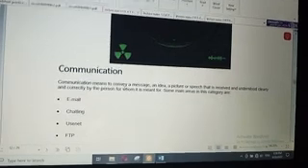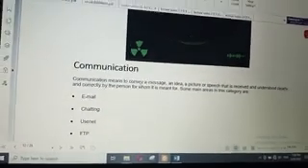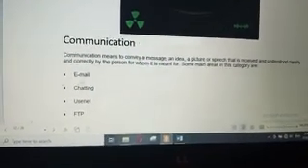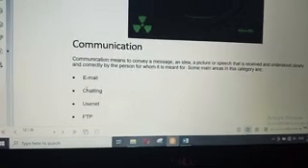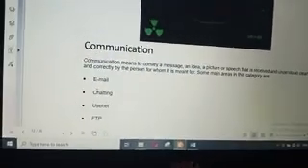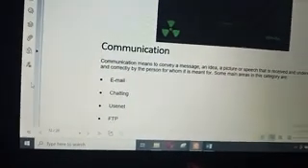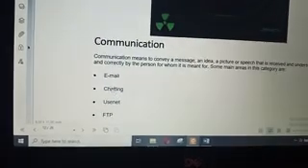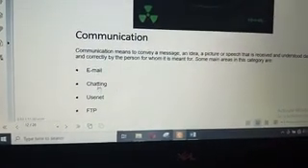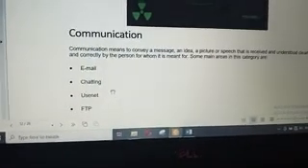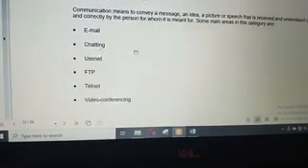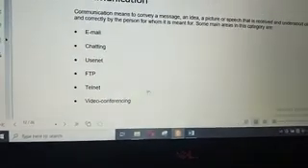So computer is highly used in communication. Other areas of communication where a computer is used are emailing, sending messages from one person to another; chatting, instant chatting, especially in programs like Facebook, WhatsApp, Instagram, to mention a few; Usenet; FTP, file transfer protocol; Telnet; and video conferencing.